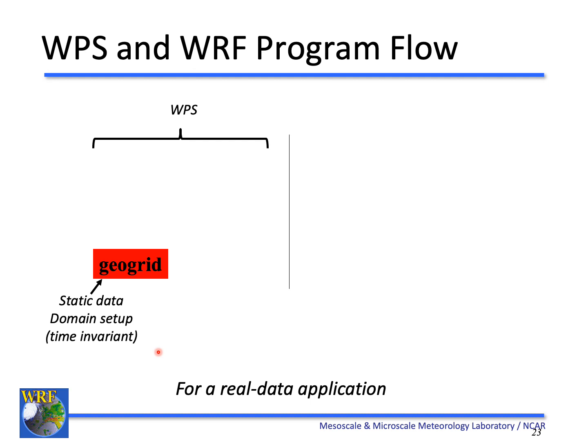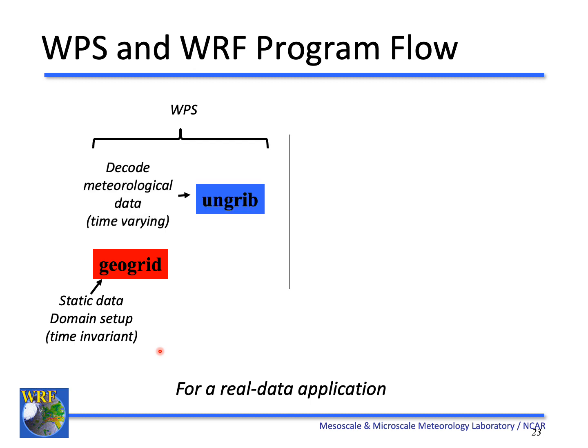The data processed in GEOGRID is typically used in the model as time-invariant fields, for example, topography and land use. Program UNGRIB decodes and reformats meteorological data from another model. And the data processed here typically varies with time. For example, atmospheric temperature and winds come from this program.